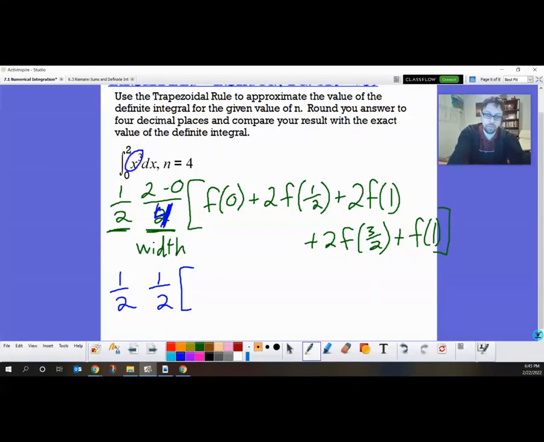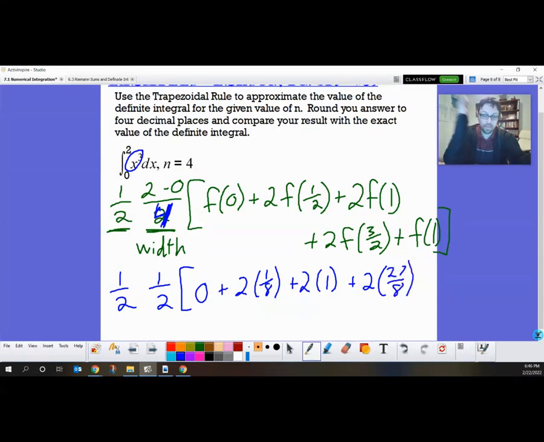So 0 cubed, well, that's 0, plus 2 times 1/2 cubed, that's 1/8. Plus 2 times 1 cubed, oh, that's just 1. Plus 2 times 3/2 cubed, that is 27/8. And then f of, not 1, but 2, f of 2 cubed is going to be 8.